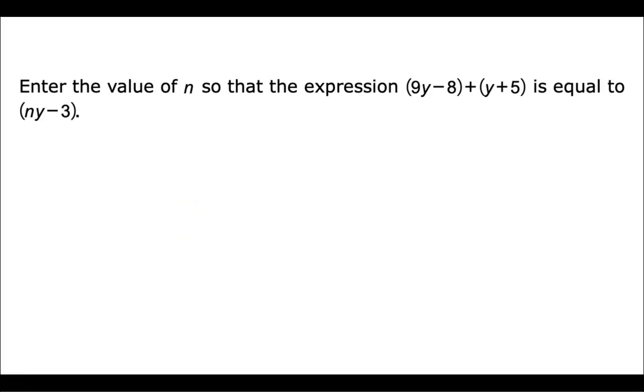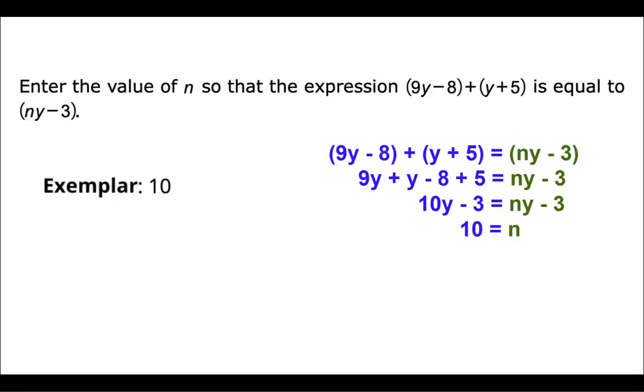Okay, now that you worked on this problem, let's see if you got the correct answer. So if you said n is equal to 10, that is correct. What you do is take the two expressions and set them equal to each other. And then from there, you combine the like terms. You have a 9y and another y, so you have 9y plus y.